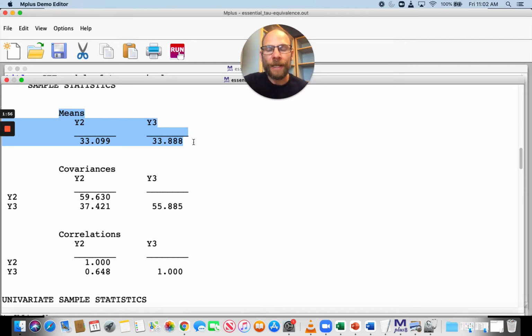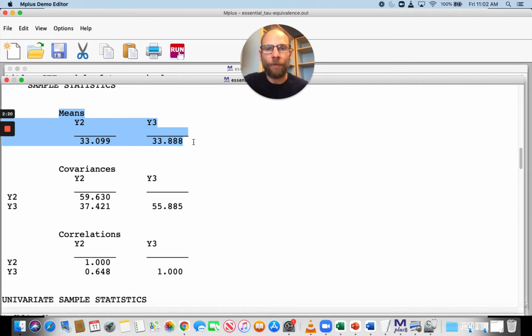So that shows us that the test y3 is a little bit easier than the test corresponding to y2, because on average individuals here scored higher on test 3 than on test 2, and so that indicates differences in difficulty between those two tests, and that's not in line with the assumption of tau equivalence.